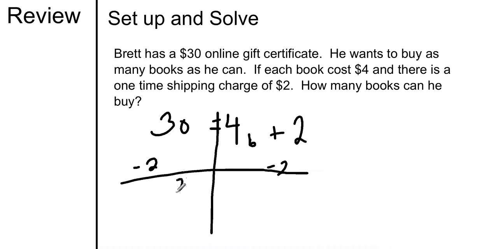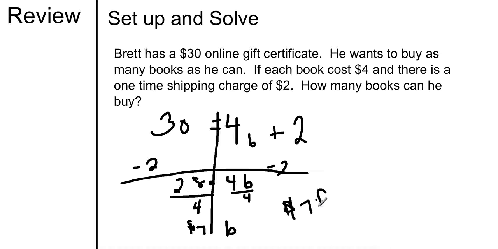I'm left with 28 equals 4 times the books. Divide by 4, divide by 4. We'll get 7. Sorry for the writing. So what it's saying is he can buy 7 books.